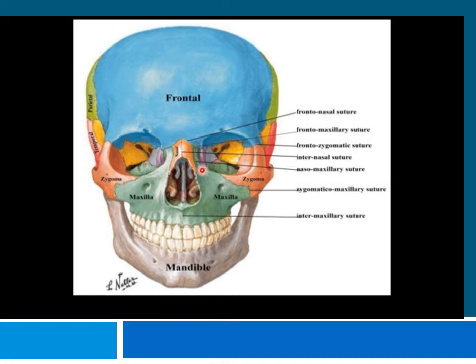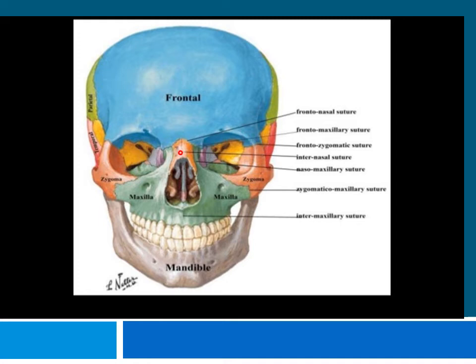Then between the frontal bone and the maxillary bone we have the frontomaxillary suture, exactly at this point. Between the frontal bone and the zygomatic bone we have the frontozygomatic suture.